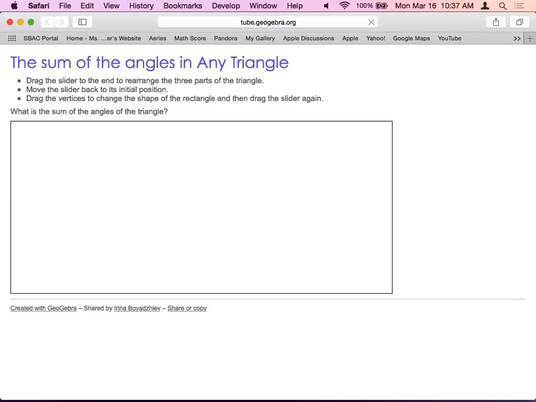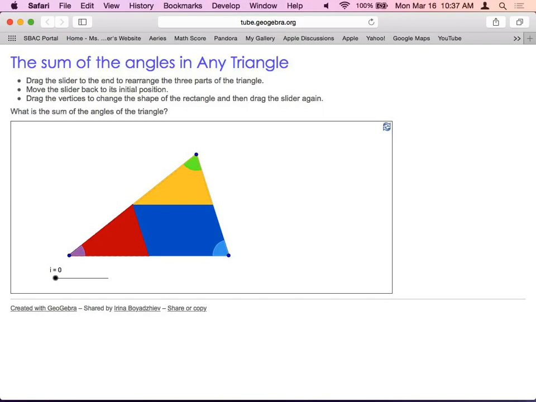So what we're going to have here is a triangle, and this is a proof that it truly is 180 degrees. Now before I even do that, what's a straight line? 180 degrees, right? All right, so watch. I'm going to move that one down there and move this one, as you can see, all the way over to there.